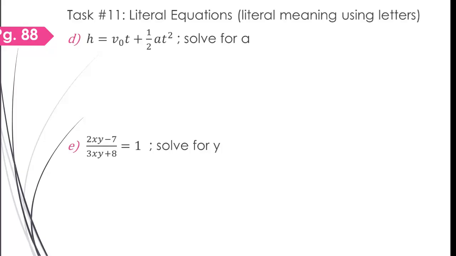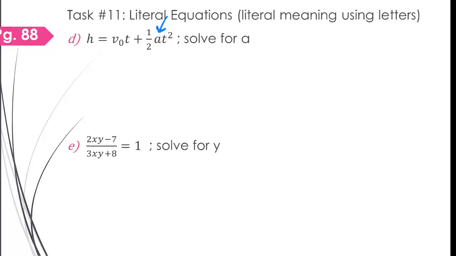Letter D. I think we could maybe do this one together since we're running out of time. I am trying to solve for A. Trying to solve for A. Get A by itself. Who haven't I talked to lately? Jamani.